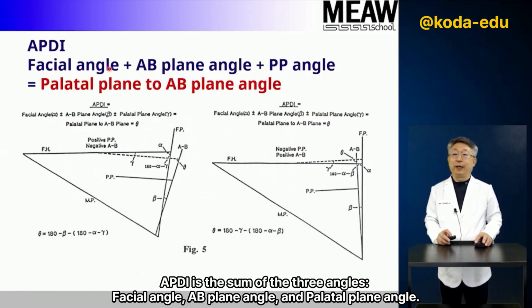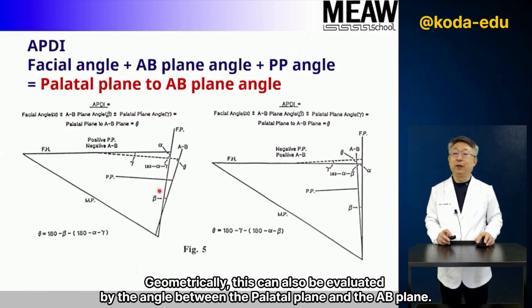APDI is the sum of the three angles: facial angle, AB plane angle, and palatal plane angle. Geometrically, this can also be evaluated by the angle between the palatal plane and the AB plane.